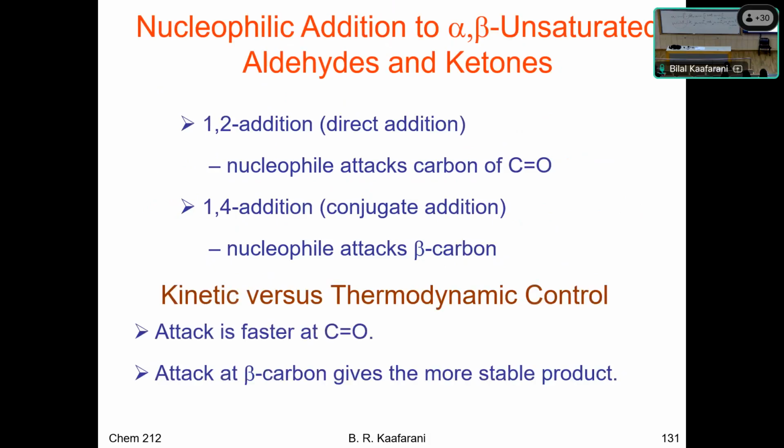Kinetic versus thermodynamic control: the nucleophiles that attack the carbon of the carbonyl will lead to the kinetic product, or products if you have more than one. And the attack at the beta carbon will result in the thermodynamic product, because the carbonyl is more stable than the alkene.